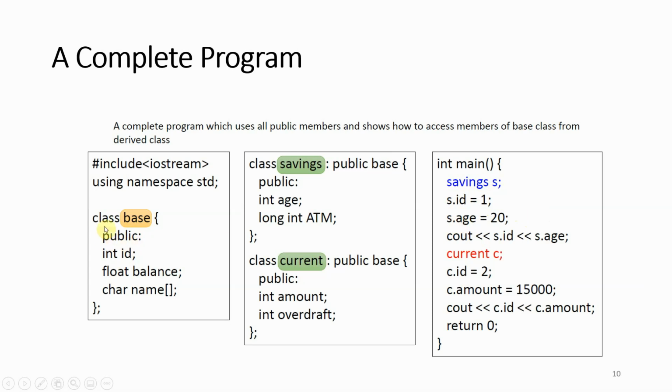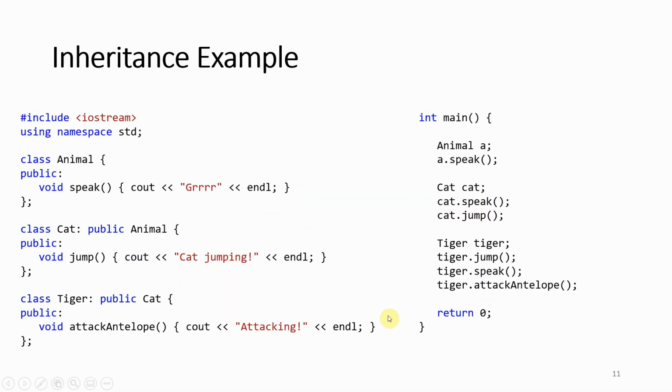Here I'm going to mention again that everything is defined as public just for simplicity. We usually want to have member variables or attributes as private, not public. But here, because we just wanted to show a simple example, the access mode is public. So the same thing for object C from class current. The same thing is happening here.